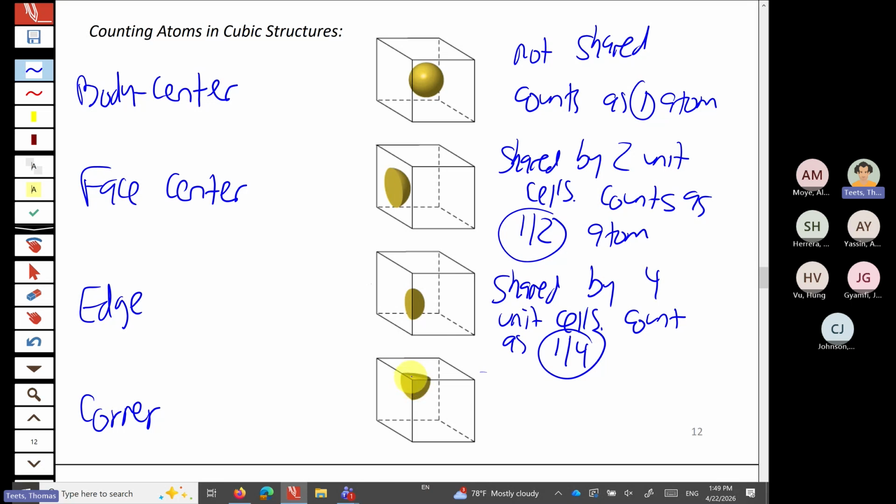But each corner position is going to be shared by 8 cubes. You're going to have the 4 that are in the same level as that one, and the 4 that are on top of that as well are going to be occupying that same corner. So there's going to be 8 unit cells that would share each corner when you stack them in all 3 directions. So each corner atom then counts as 1/8 for 1 unit cell.